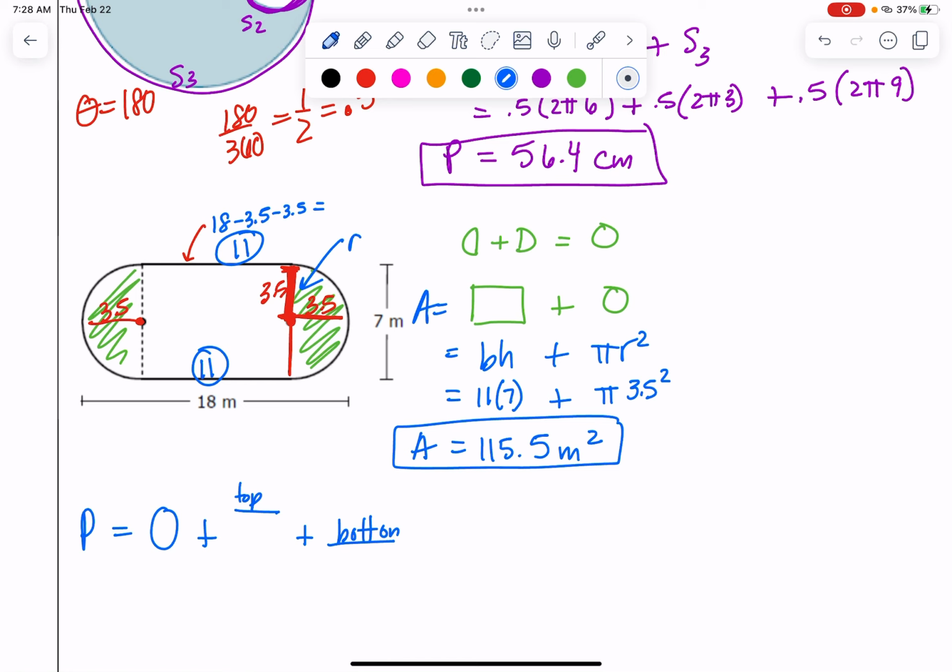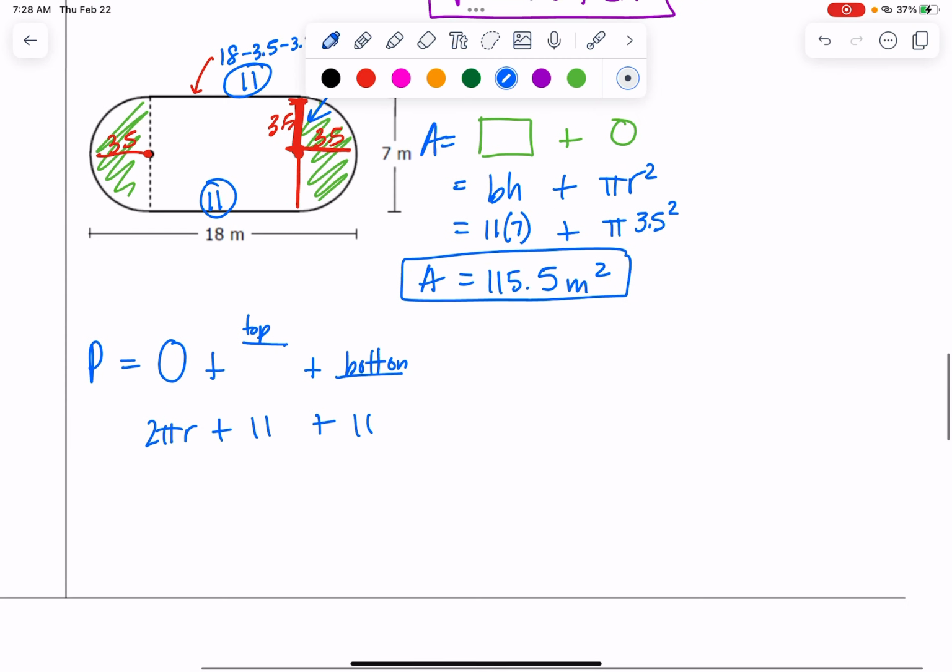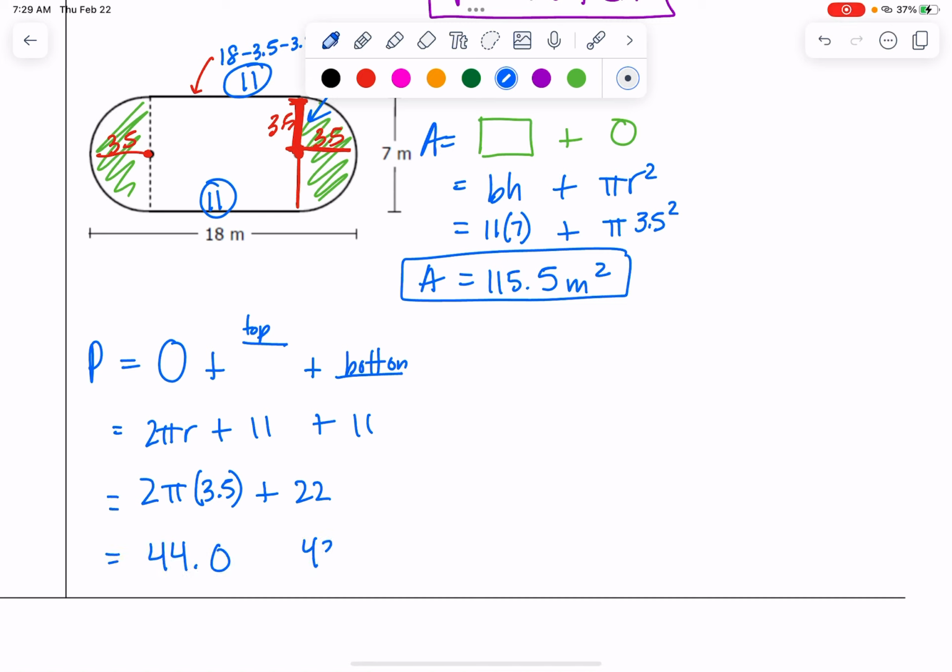So since it's two half circles, we're just going to do a circle. So this is 2 pi r plus 11 plus 11. So 2 pi 3.5 plus 22. And my perimeter is 44.0. It was actually 43.99, but that goes to 44.0 meters for my perimeter.